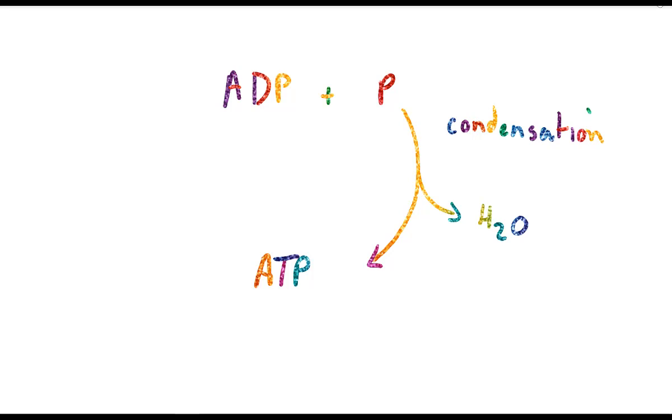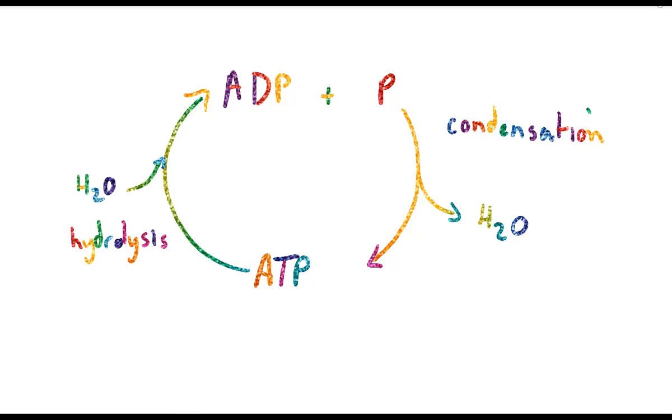But then once we've got the ATP, in other words, once the ADP has been phosphorylated, we get ATP, and it can be broken down in a hydrolysis reaction, which adds water. And when that happens, it also releases energy.